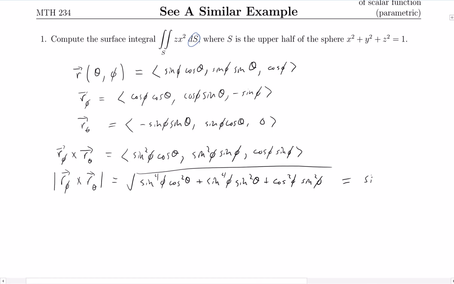This will come out to just sine of phi. Actually, it comes out to square root of sine squared of phi, which is equal to sine phi, and phi is between 0 and pi.